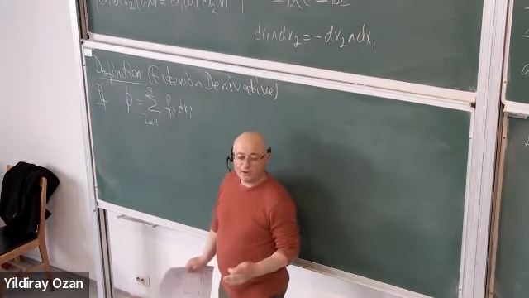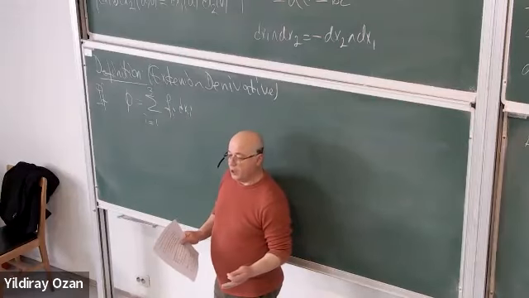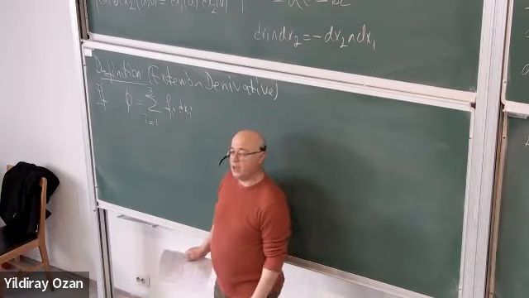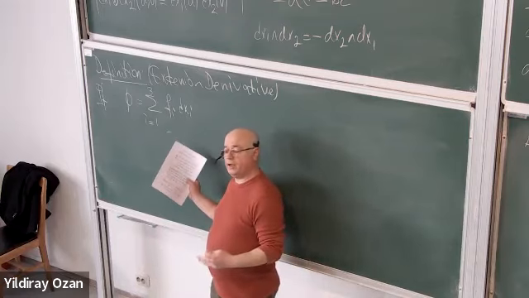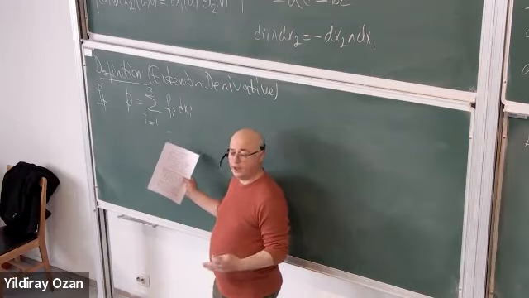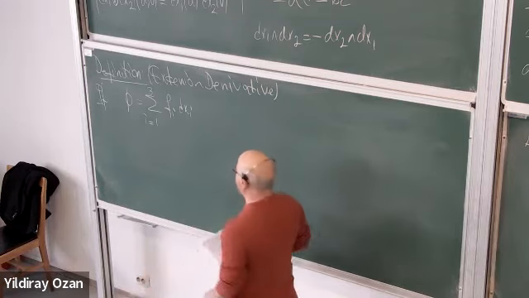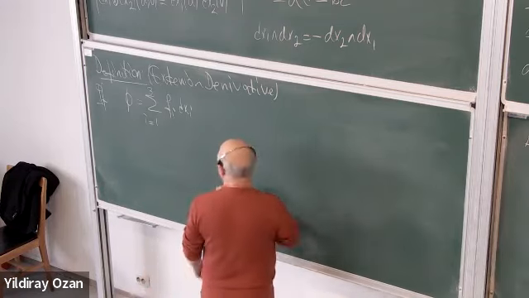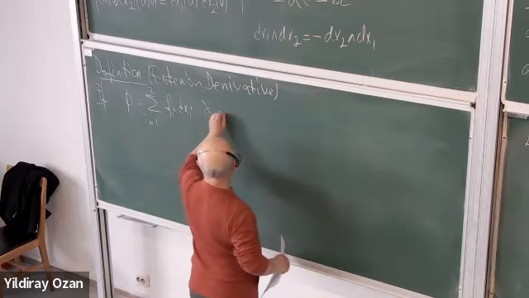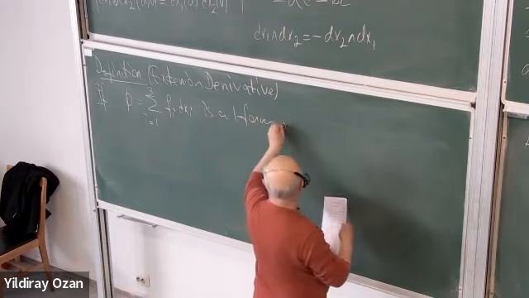Everything we do here is not specific to R2 or R3, although we will study curves and surfaces in R3. So if I have a one form like this, it is a one form on R3.